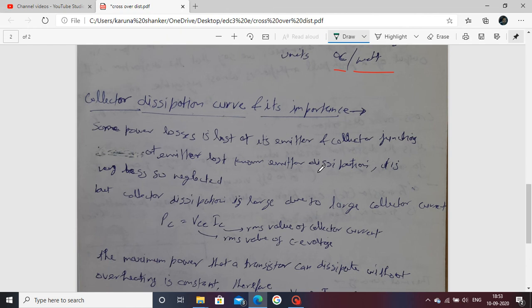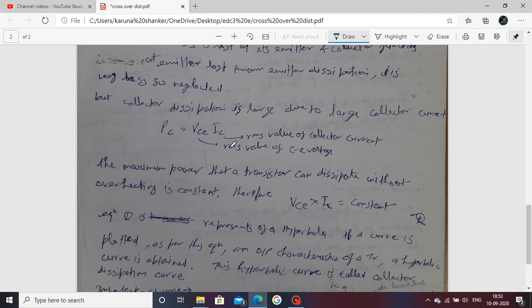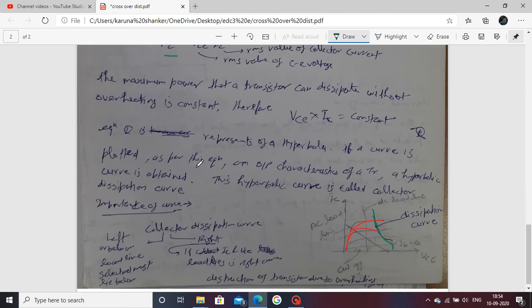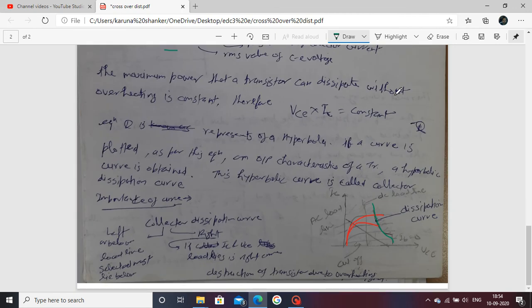We consider the collector dissipation to be very large due to the large collector current flow, since we take the output at the collector terminal. This is related to VCE multiplied by IC, since voltage times current gives power. It is the maximum power the transistor can dissipate without overheating, and it is constant.